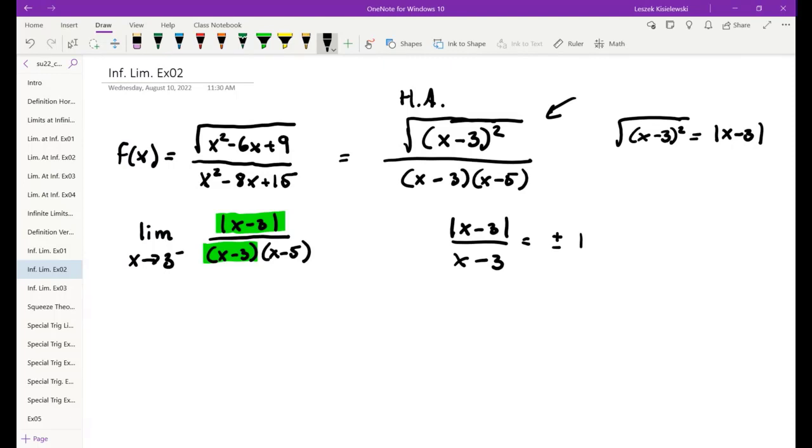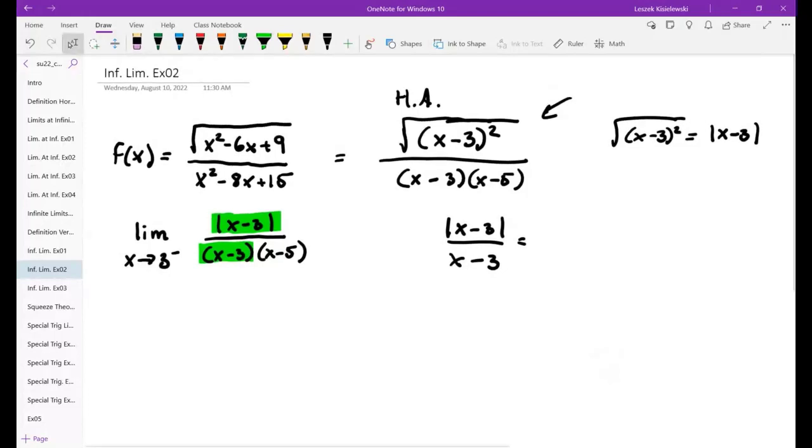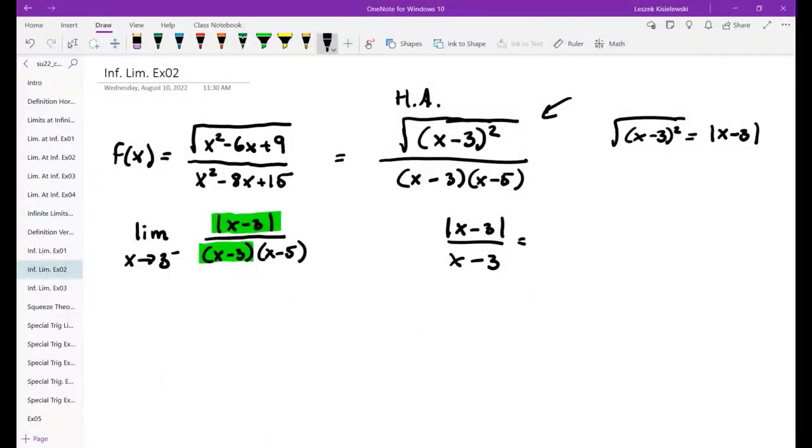It reduces to either plus 1 or minus 1. So do we know which one it is? Okay. All right. So you agree that the numerator is going to be positive, not negative, right? Because it's absolute value, right?